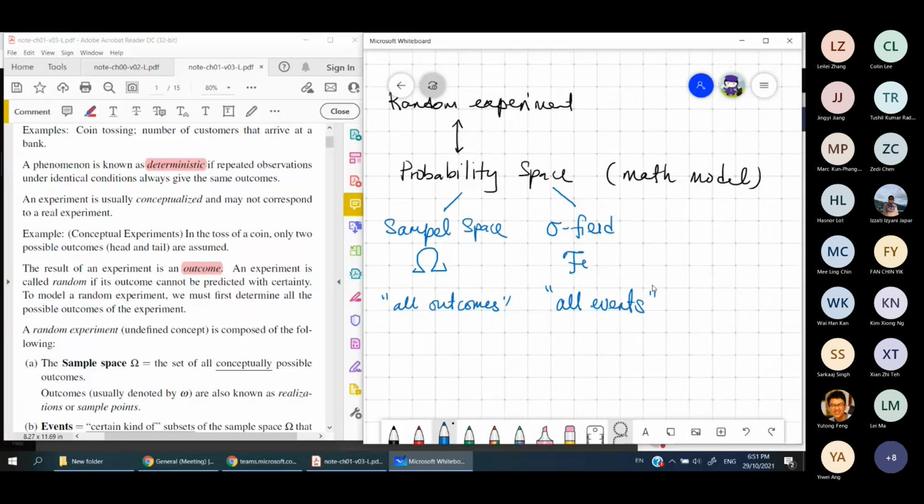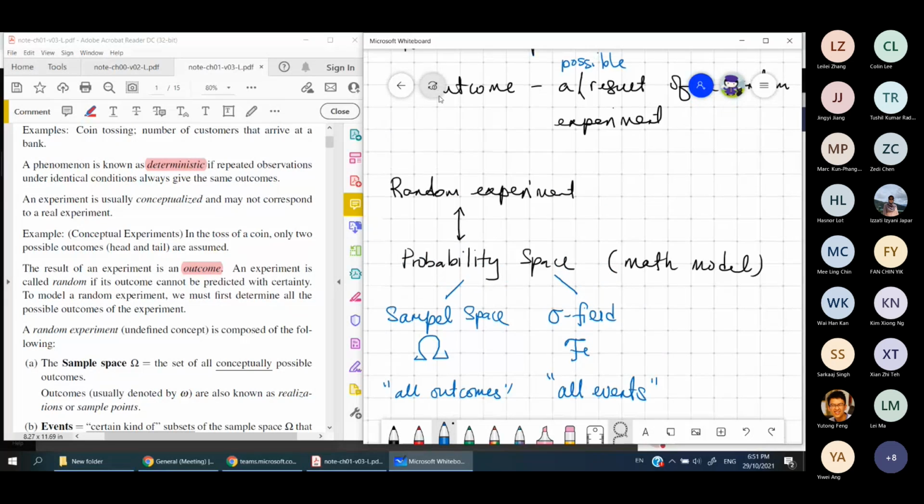Then we have to know the meaning of an event. An outcome, I think we all agree, means a possible result of a random experiment.